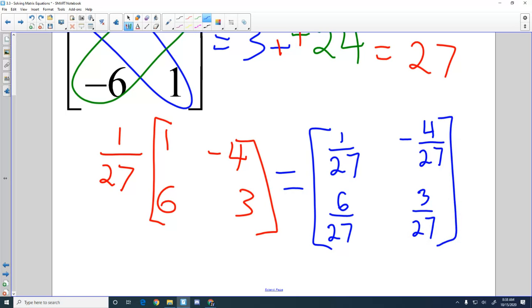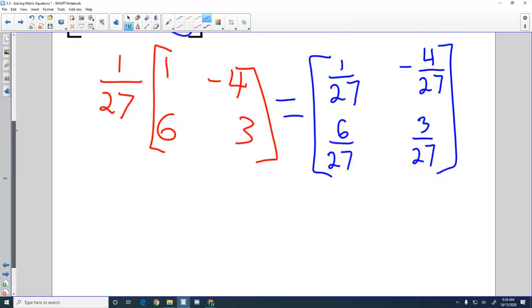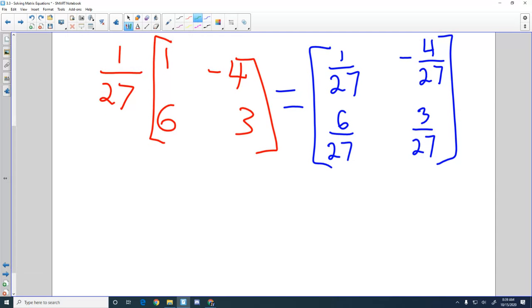Those two on the bottom can both be simplified further because the numerators and denominators are both divisible by 3. So my final matrix will be 1 over 27, negative 4 over 27. But here, if I divide both of those by 3, we're going to get 2 over 9.